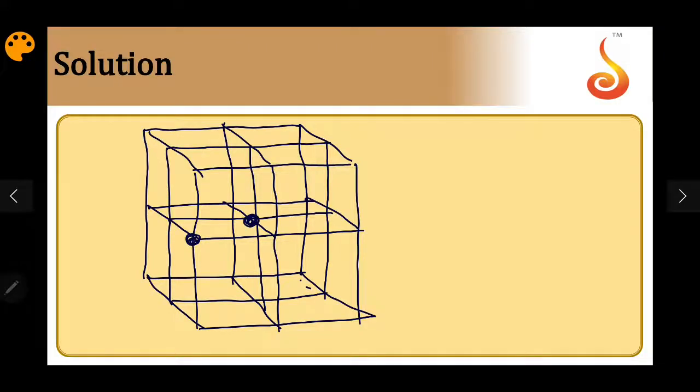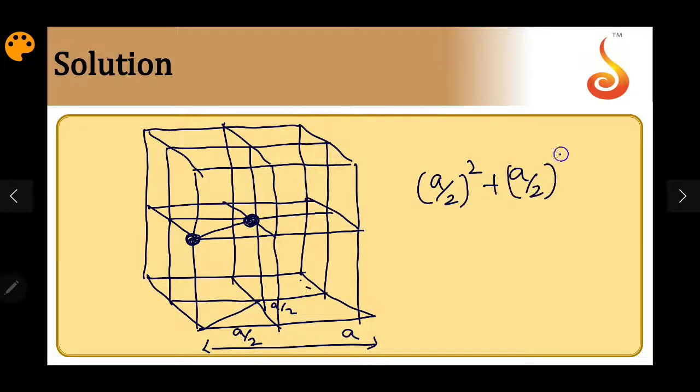So the distance between the two, if I take this, it is the same as this distance. So this is a, the entire length is a. So this is a by 2, this is a by 2, even this is a by 2. So this distance is a by 2 squared plus a by 2 squared is equal to x squared.